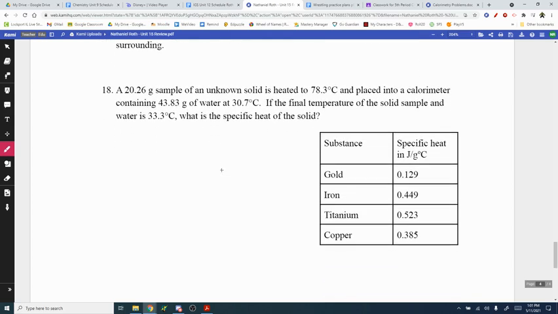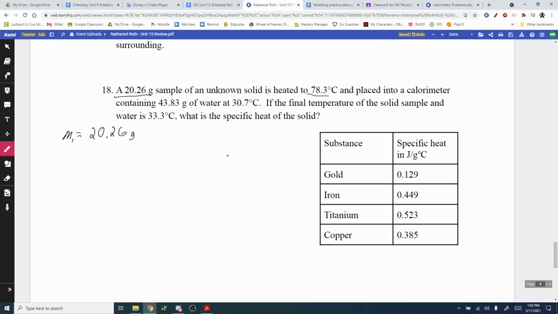So a 20.26 gram sample, I'm not going to read the whole thing, I'm just going to do numbers. So 20.26 gram sample, unknown solid. So that is going to be our mass of our metal. So we're going to call that M1. So that's 20.26 grams.